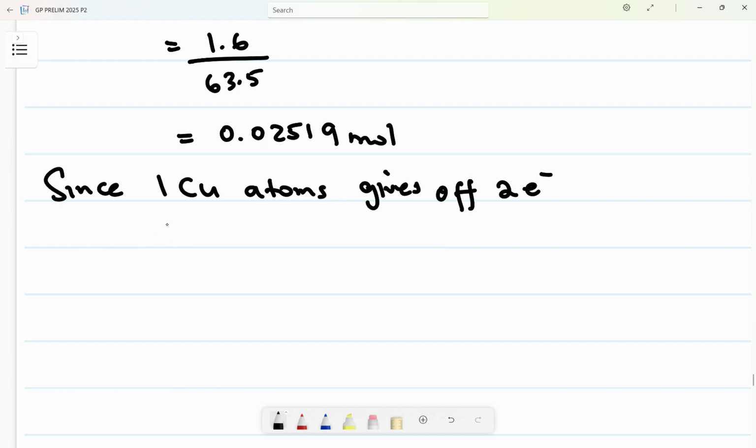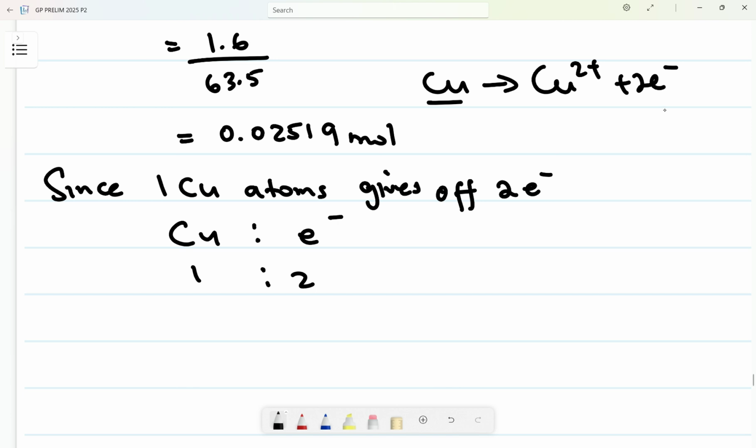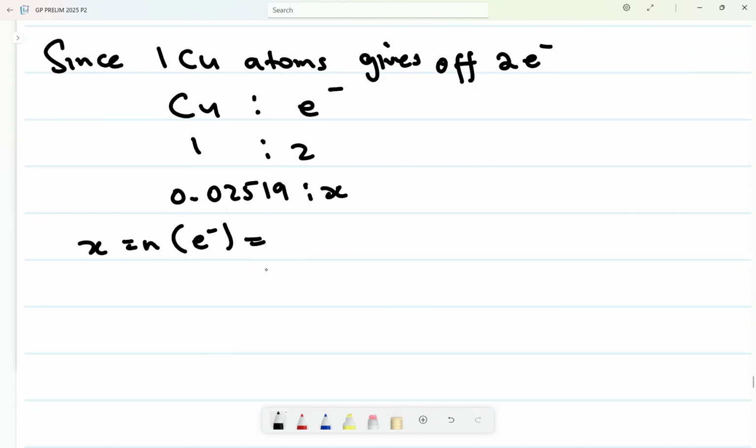Let me do the ratio. 1 is to 2 because it gives off 2. Can you see it is 1 is to 2? So if this one is that one, then X, which is the number of moles of electrons, is going to be twice that, which is 0.05039 moles.